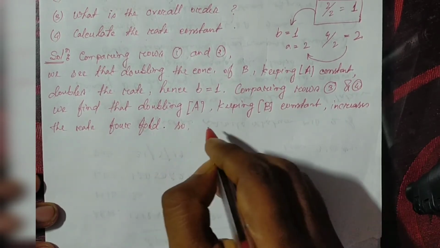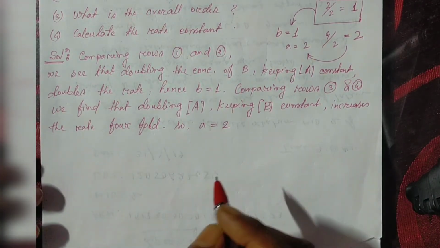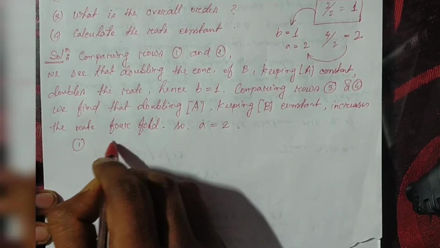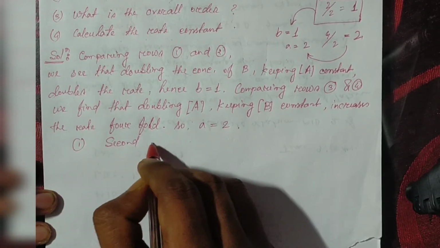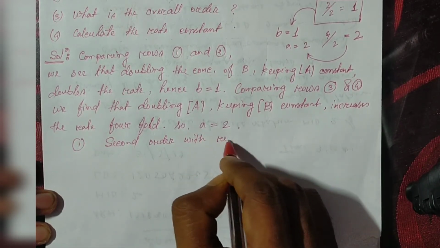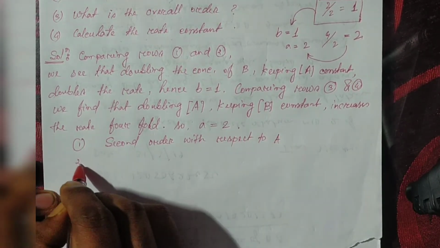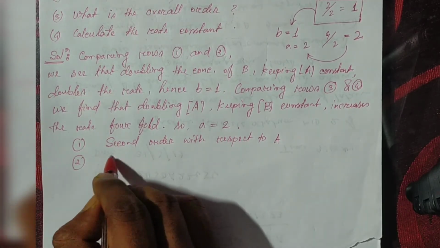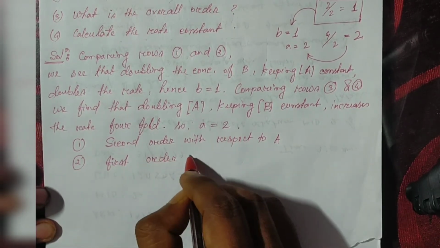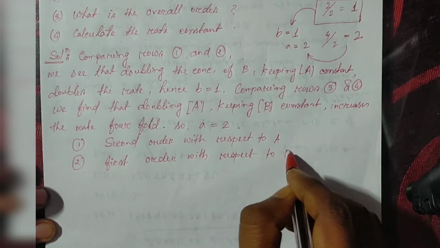So a will be equal to 2. So we can write second order with respect to A and first order with respect to B.